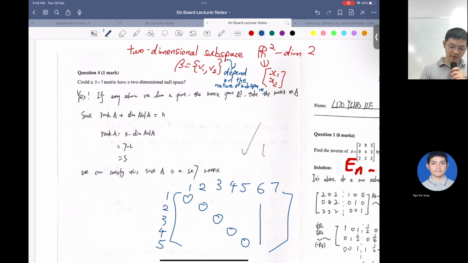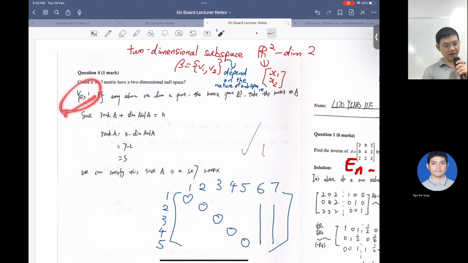That means you must have at least 2 free variables. So the answer here is yes. This question, how can you answer? You just need to give one example, because it asks whether it can or not. If it can, give an example. If it cannot, then you need to prove why it cannot. So you give an example.